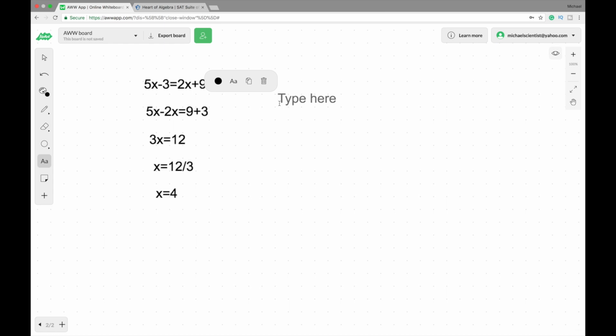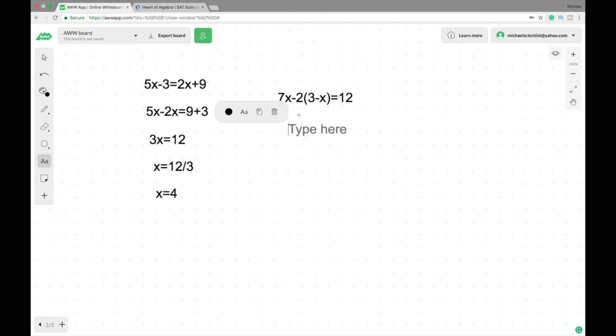Oh, I'm sorry. So let's look at another question, okay? So let's look at one involving brackets. So 7x minus 2, open brackets, 3 minus x, is equal to 12. Okay, so Michael, how do we solve this?